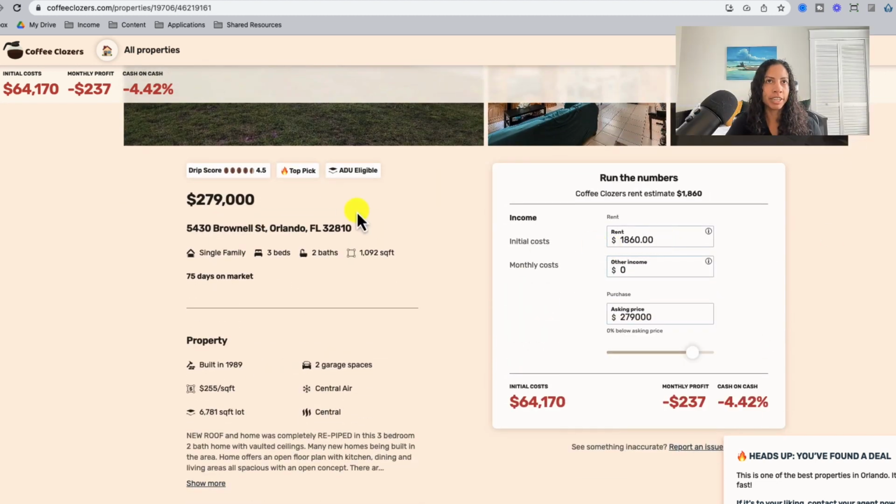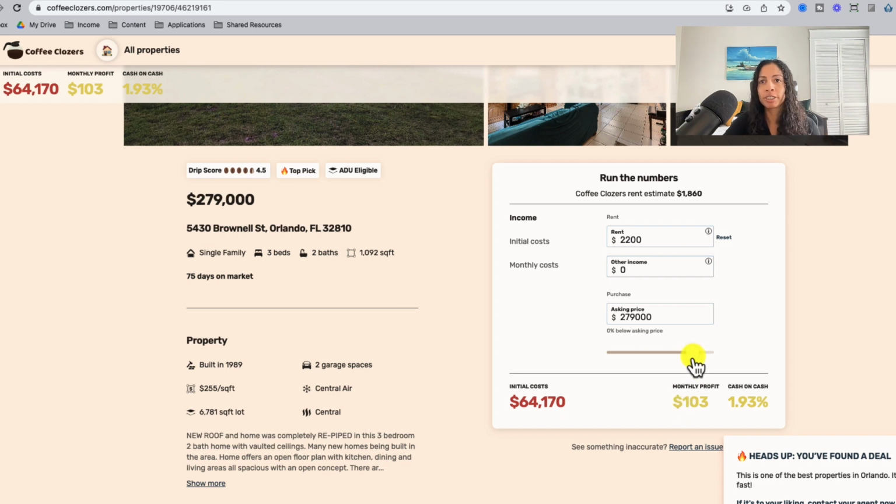And let's say in this case, this property is ADU eligible, meaning that we can maybe add a unit. It's already zoned to be that way. So what if we were to convert maybe a dining room or maybe add some sort of mother-in-law suite in the back? Maybe we can increase rents to that $2,200 we previously saw. Now our cash on cash is 1.93 and our monthly profit goes from in the red to being a positive number.